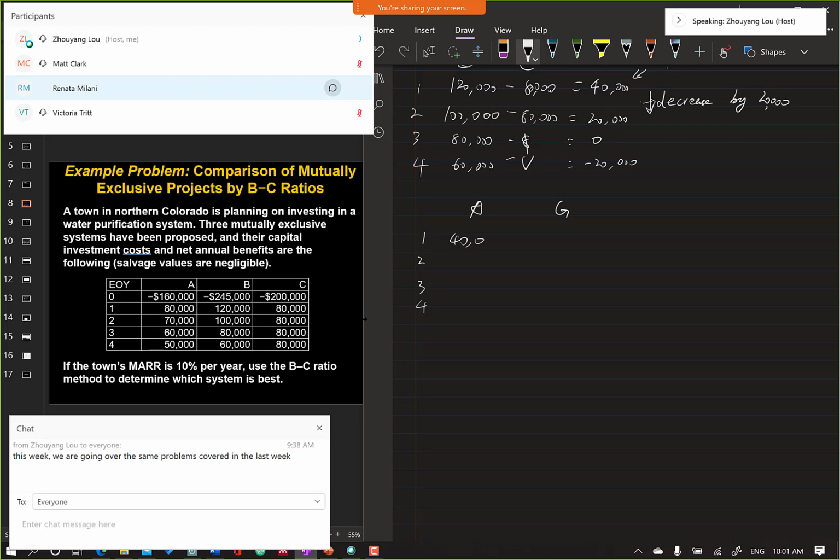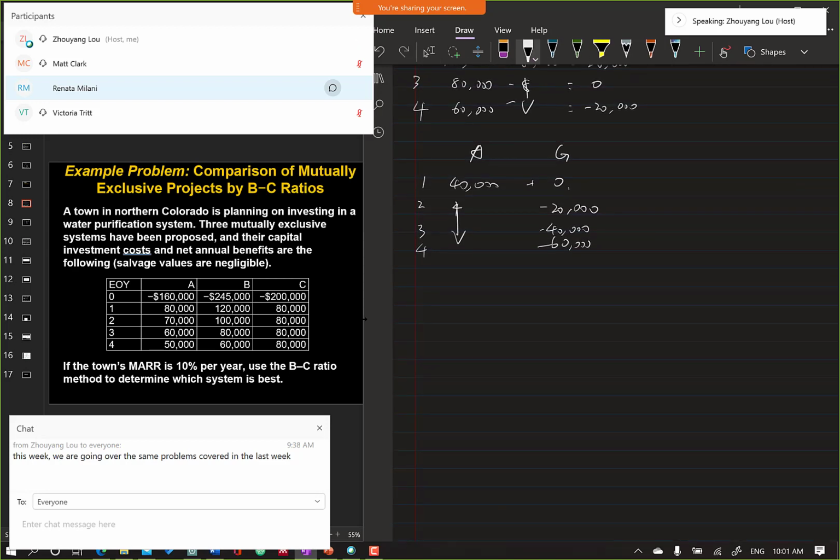The first year is 40,000 plus the gradient of 0, and that should be 40,000 all the way to the end, and this G would be minus 20,000, minus 40,000, and minus 60,000. So then we can calculate this benefit part.